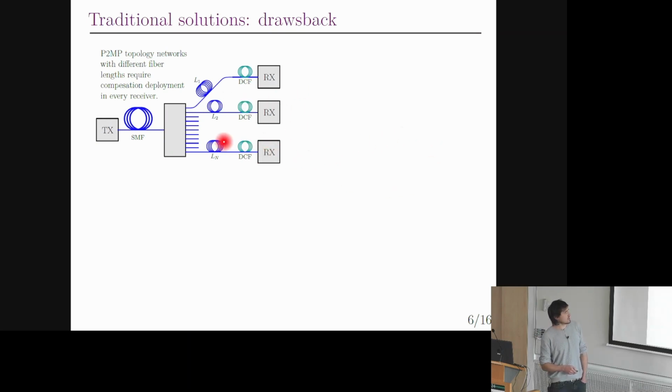If we have, let's say, a point to multi-point network topology, we have to install the compensation mechanism in every receiver, which is complex and expensive and does not allow for any configuration changes in this network once this is set up with the compensation modules there.